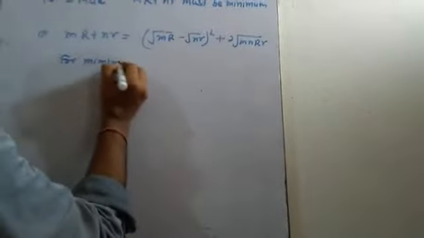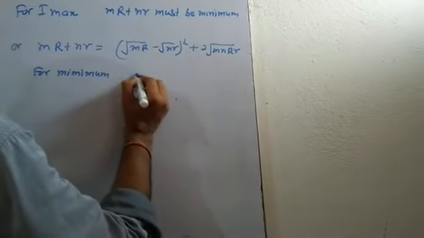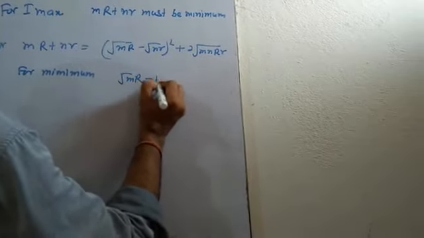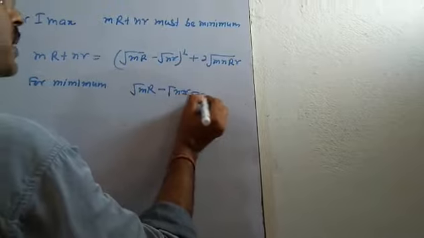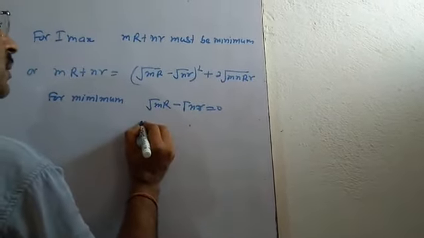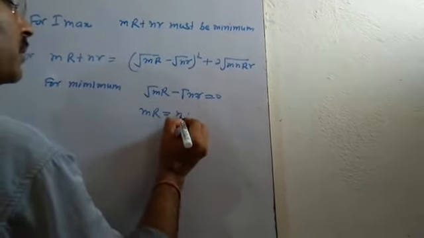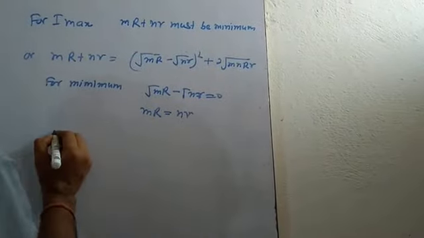For minimum, root mR minus root nr must be 0, or mR must equal nr.